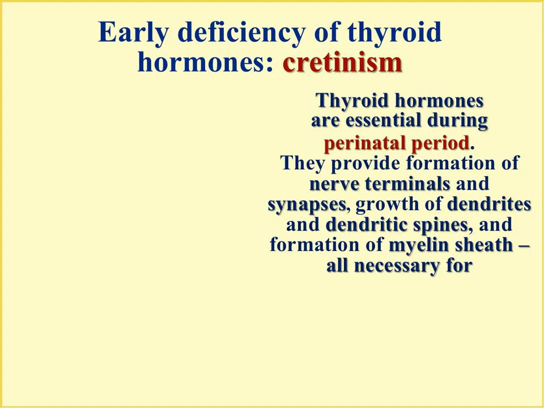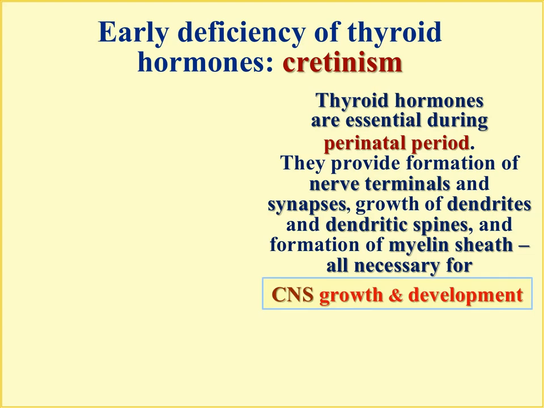These hormones are necessary for formation of new nerve endings, nerve terminals, formation of synapses, establishment of connections between neurons, growth of dendrites that provide input of information, dendritic spines, contacts between cells, then myelin sheath formation. All these processes, and even more and more, all they require protein formation.